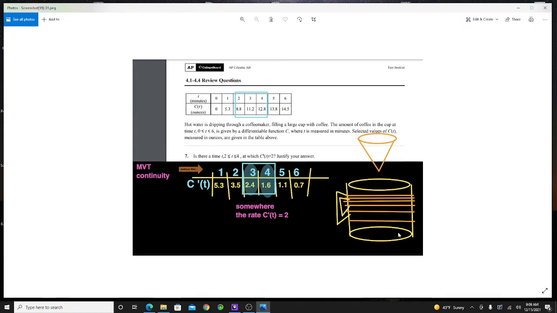Although the function that governs this process might not be a logarithm, might be an exponential or another trigonometric model, it gives the student the idea of the decreasing slope, right? The decreasing amount of coffee for each minute from minute 0 to 6.